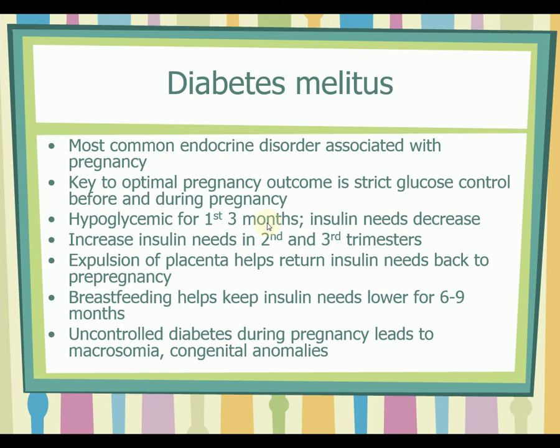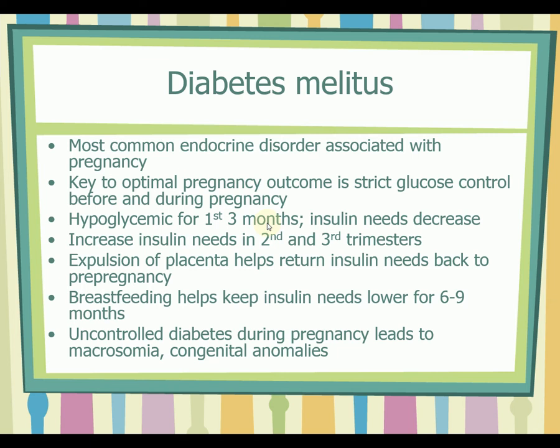Uncontrolled diabetes during pregnancy with a gestational mom leads to macrosomia. With a pregestational mom, it leads to congenital anomalies and small for gestational age babies.